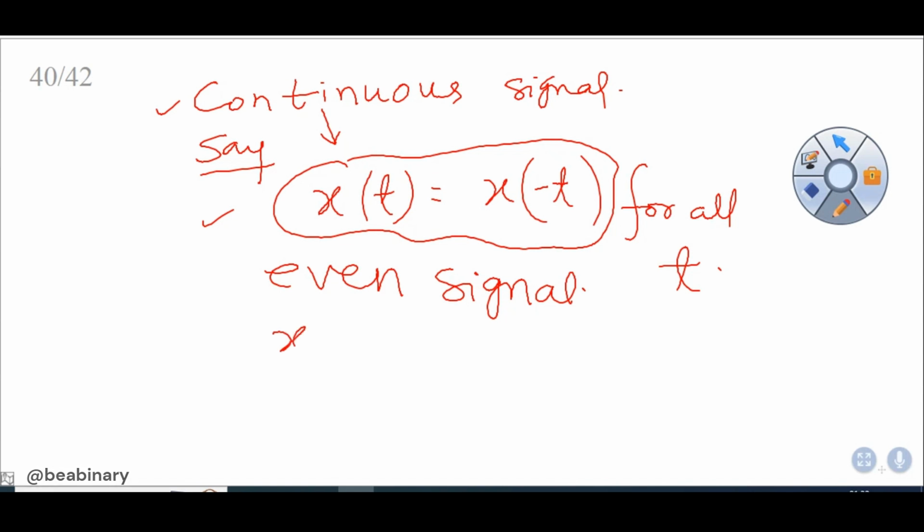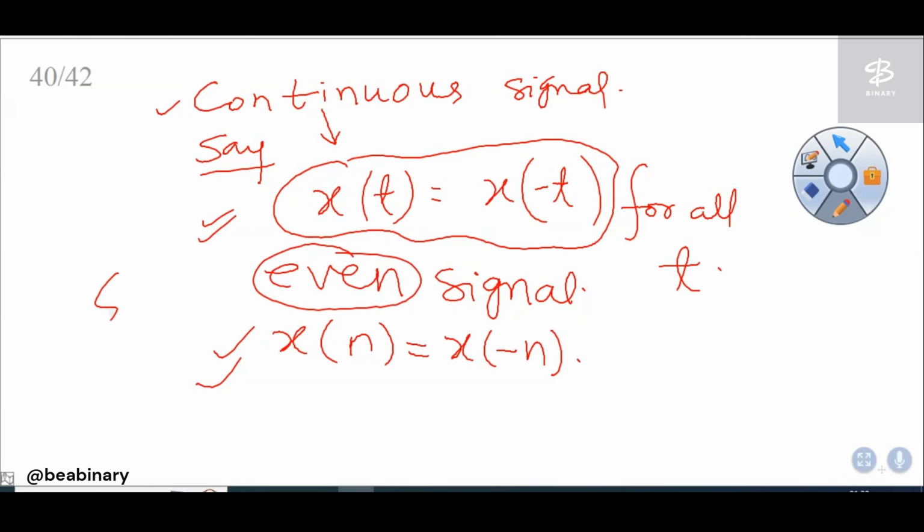In that case, it will be x of n is equal to x of minus n. If this condition is satisfied, then I can say the signal is an even signal, or I can say the signal is symmetric.